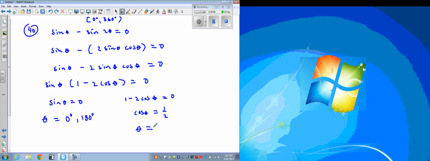It's in the first quadrant. 60, and 300. Yeah, 300 down in the fourth quadrant. It's in the first and fourth.